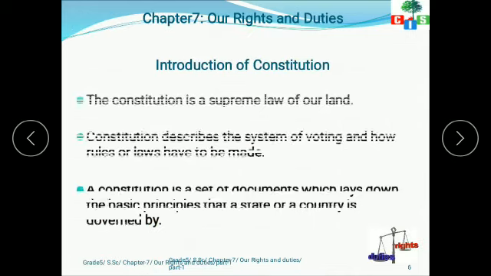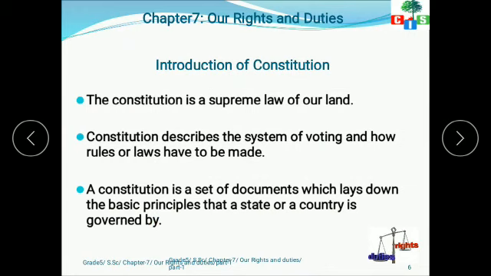Now what is this term Constitution? The Constitution is the supreme law of our land, which means that it is the supreme law of our country. It is a document that lays down the framework: the policies, the fundamental powers and duties of government institutions, and the set of fundamental rights.